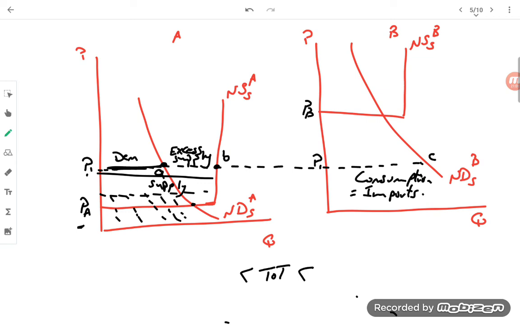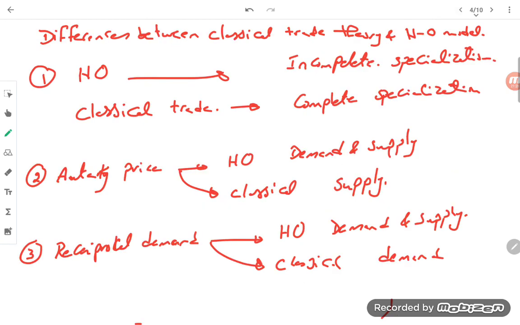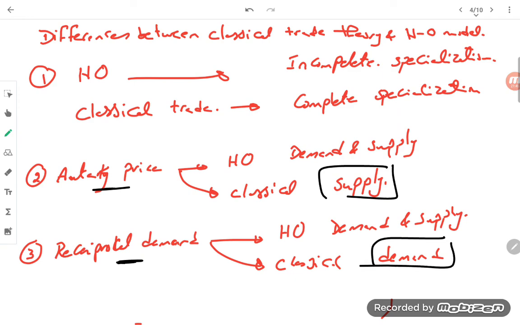But after international trade and after specialization, this is the production level, and the only factor that will determine B1 is the location of the demand curve along this side. So this is why we said that autarky price is determined by supply alone, and reciprocal demand, or the international trade price, is determined by demand alone.